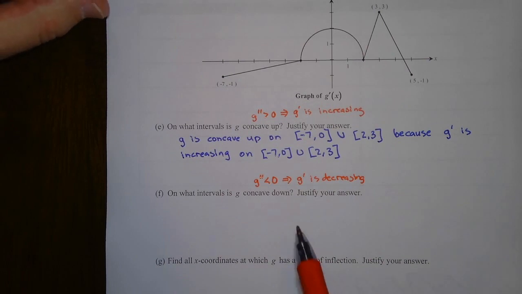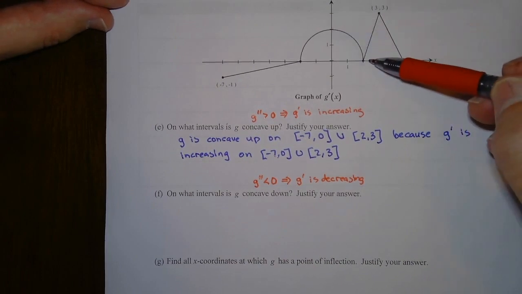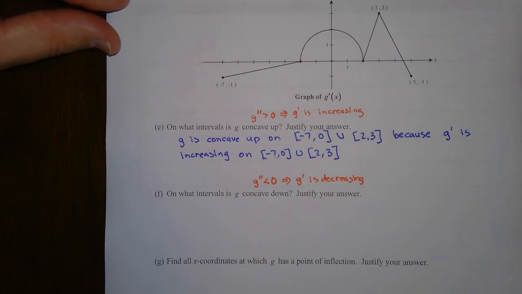Okay, so g prime is decreasing, and the only place that it's decreasing is from 0 to 2 and from 3 to 5. So there's actually 2 places.